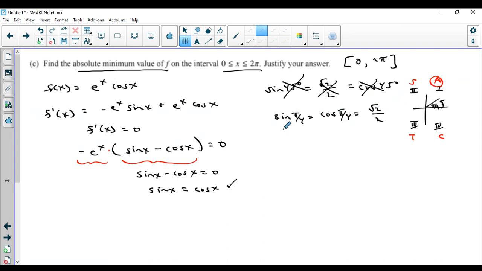In quadrant 2, this can't be possible because sine is positive, cosine is negative. So you know it ain't happening in quadrant 2. In quadrant 4, cosine is positive, sine is negative. So you know it's not happening there. So then, yeah, it could happen in quadrant 3, and it would happen with the same reference angle, right? Because of that whole symmetry of the unit circle thing. So now that's not the angle, though. I drew a reference angle of pi over 4 here. What's the actual angle? The actual angle is going to rotate from that positive x-axis.